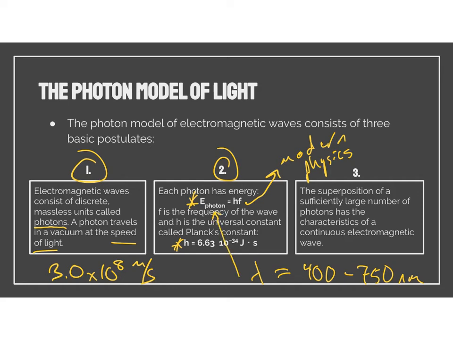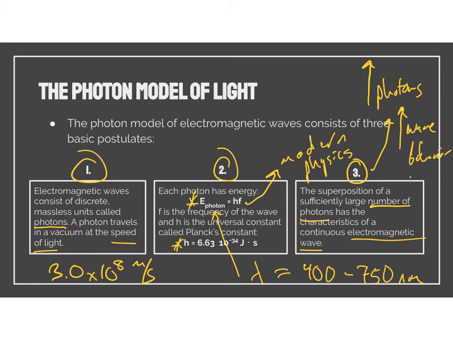Okay, and then our last postulate is that the superposition of a sufficiently large number of photons gives the characteristics of electromagnetic waves. Which means that if the amount of photons goes up, then the wave-like behavior, the characteristics or traits, also goes up.